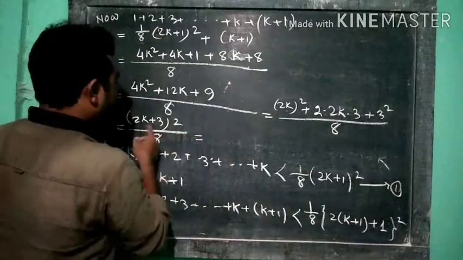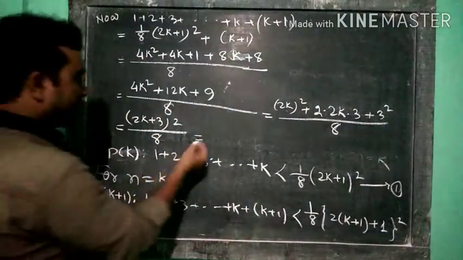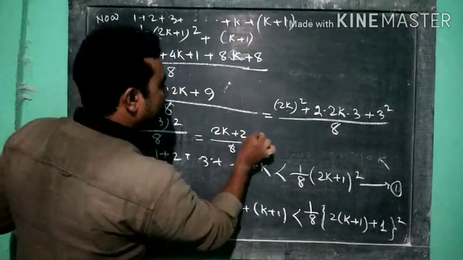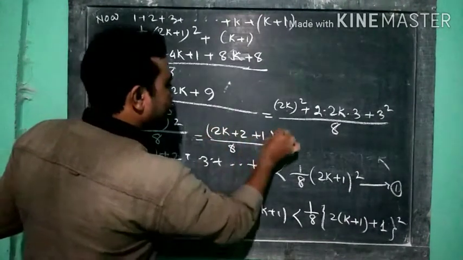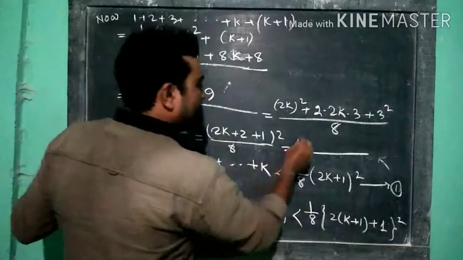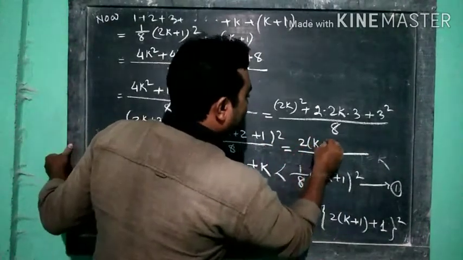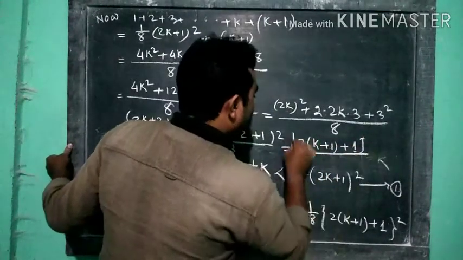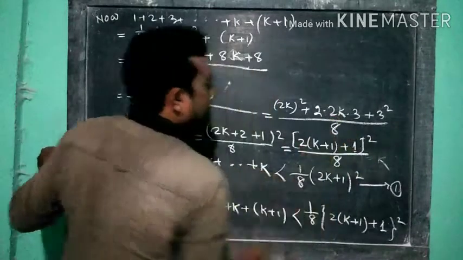So 2k plus 3 whole square, this can be written as 2k plus 2 plus 1 whole square. This is equal to, if we are taking 2 common, then 2 into k plus 1 plus 1 whole square by 8. Okay?